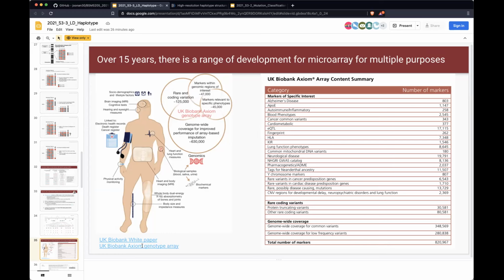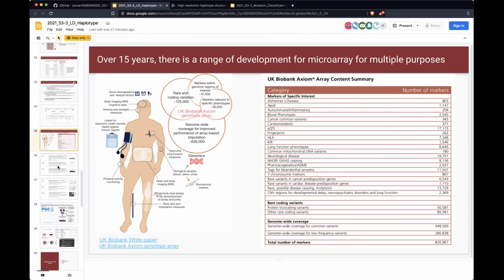They designed their array using the Axiom company, and they call it the UK Biobank Axiom Genotype Array. And what they've done with the different trait values or genetic values includes all of the stuff on here, right? That was one of the technologies they used.